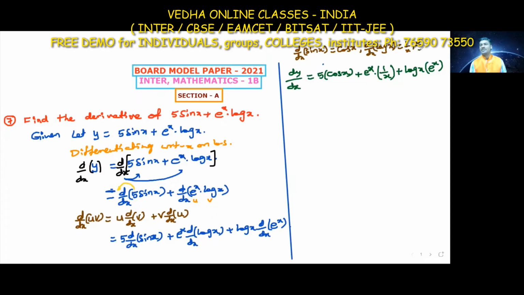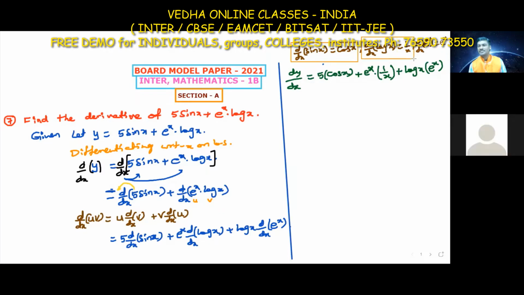And one more is d by dx of e to the power x, which is e power x only. So we used these three formulas here. Repeat with me: d by dx of sin x is equal to cos x.